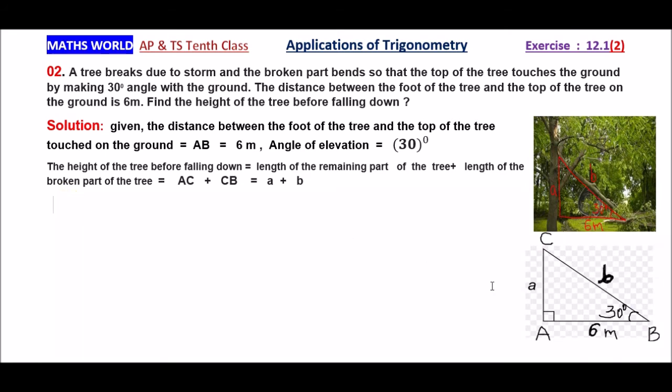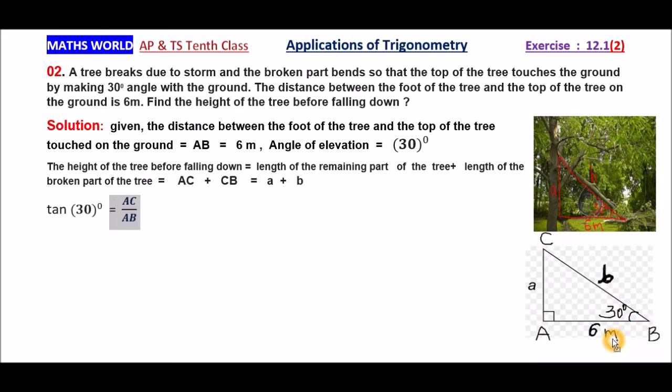Now we find AC. AC is the length of the remaining part of the tree. We use tan theta. So tan 30 degrees is equal to, what is tan theta? Opposite side divided by adjacent side.